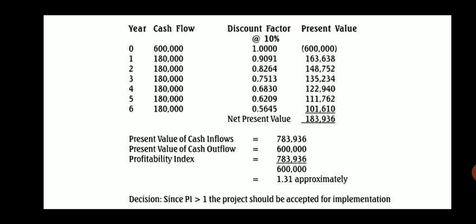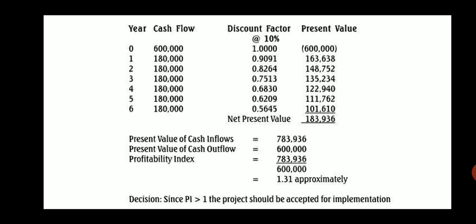That means 180,000 is steady. There's no change in the value. That is why we have 180,000 from year 1 to year 6. Then we input our discount factor, we multiply it, and we get our net present value. And since we got our net present value here, we are going to be making use of formula 2. So we have our net present value of cash inflow over the value of cash outlay.